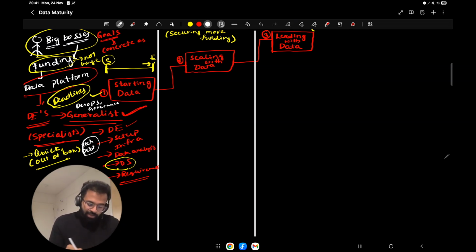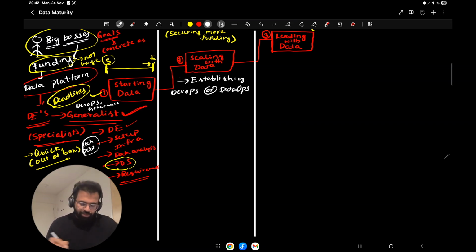Okay, and then in the second phase, scaling with data. In this phase, you will normally end up establishing DevOps or DataOps practices in general. This is a little bit of a matured phase. You will have the data platform up and running. You will move away from all the manual scripts and manual tasks, and you will try to automate stuff.